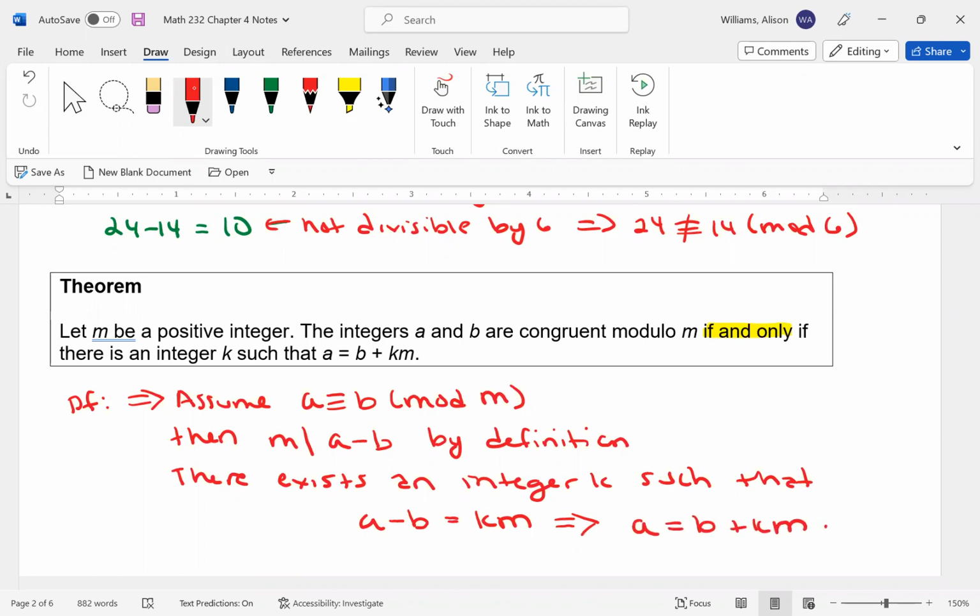I'm done. So that side's done. I've shown that when I assume the first thing, the second thing follows.